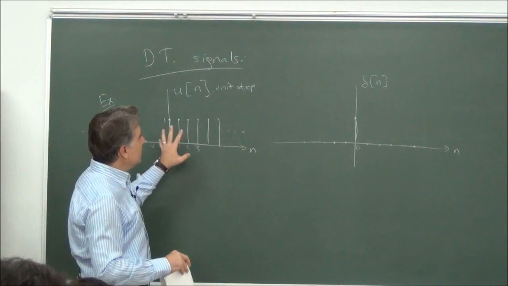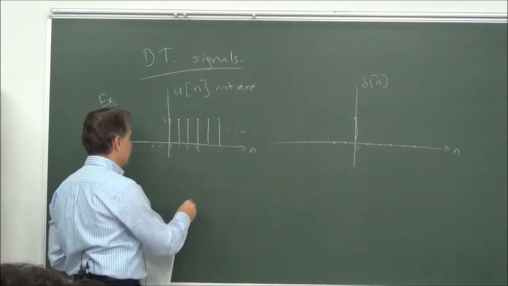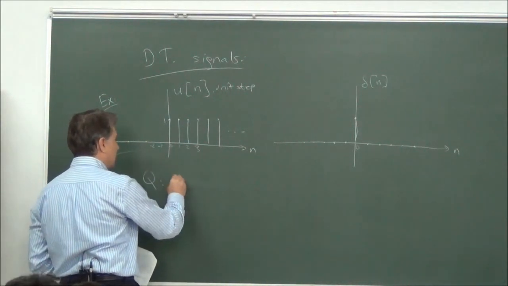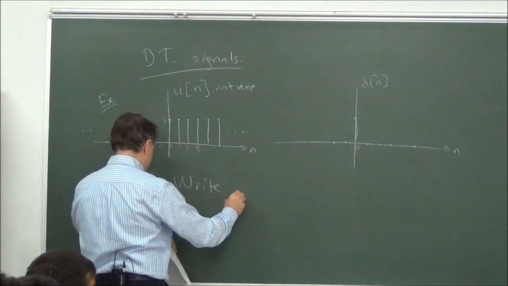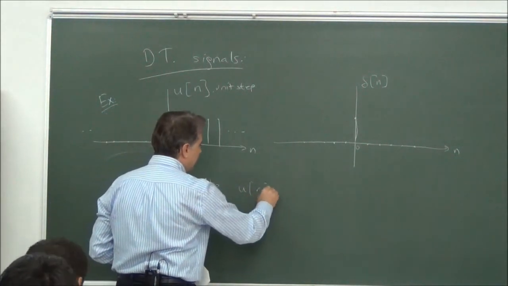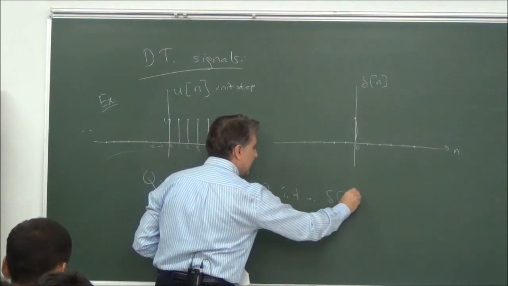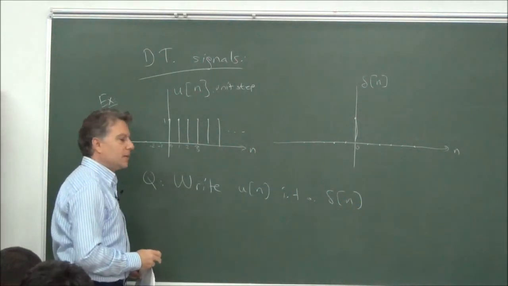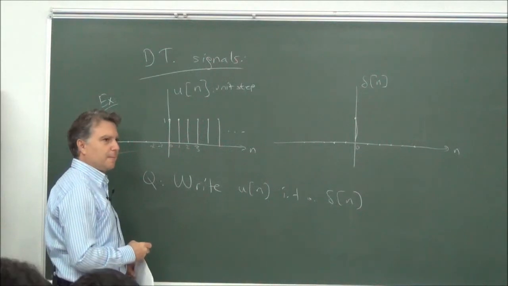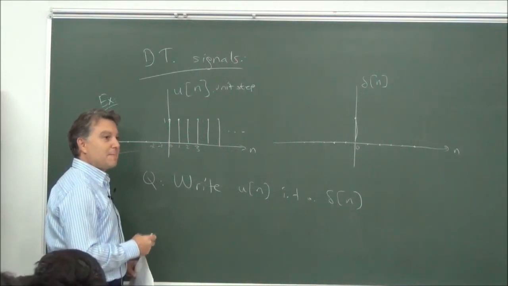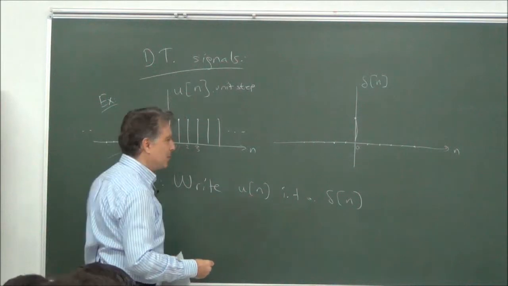Now, can we write u of n? So the question is this. Write u of n in terms of delta n. Okay, let's think of this one. How can we do that? Shifting and summing, probably, right?